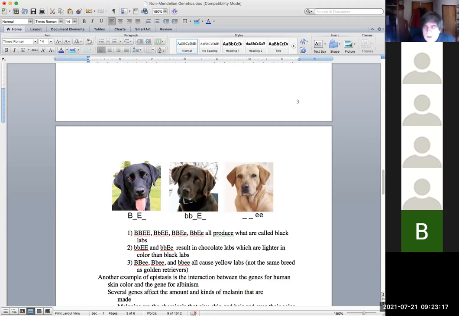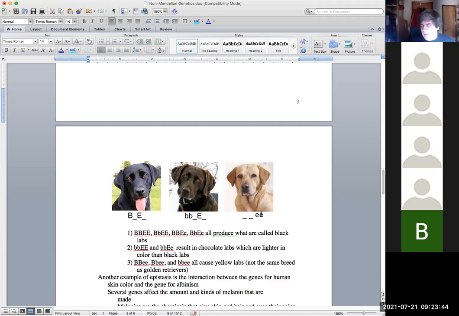And we get something called a black retriever. If we have at least one capital E, but then we have two lowercase b's, so we don't have any capital B's, the color appears in the hair, but it's not the darker version of melanin, it's the lighter version. So we get what are sometimes called chocolate labs.